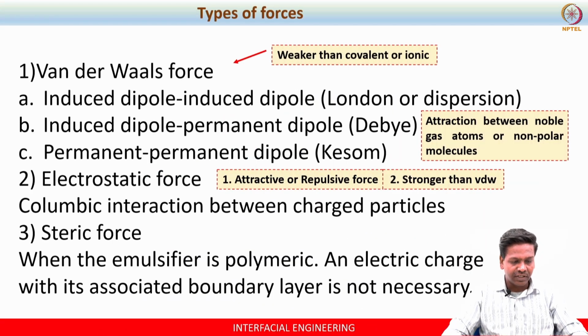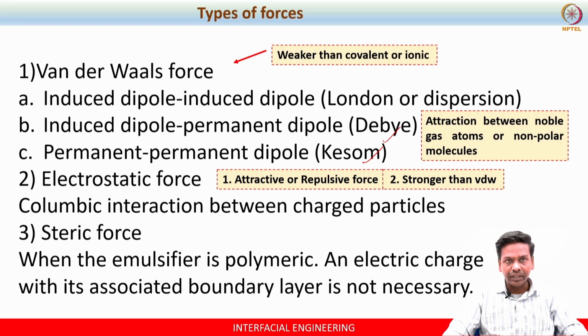As we have just described, we will look at different types of forces. Remember, when we dealt with module 2, we described some of these forces using some schematics. For example, we talked about van der Waals forces of attraction. In that, we looked at the induced dipole and permanent dipole based on a few molecule types.